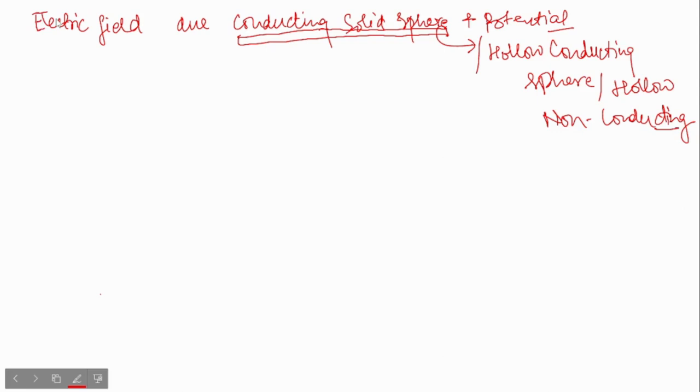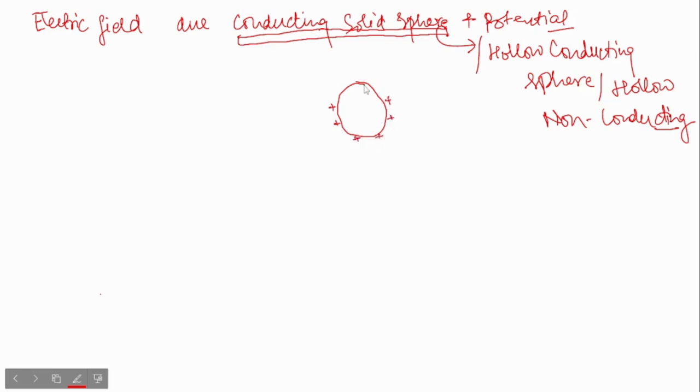So this is a conducting solid sphere or a hollow conducting sphere. For conductors, I think I have not covered conductors yet. Basically, the charge on a conductor gets distributed on the surface.